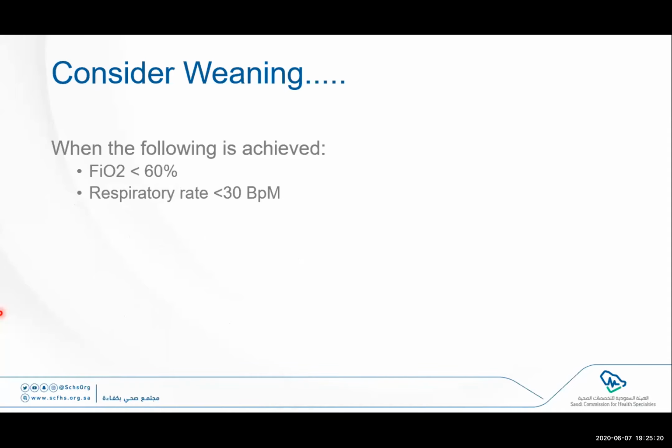Again, a respiratory rate less than 30 sometimes cannot be achieved with these patients because another factor can affect this. The patient might have some anxiety. The patient is very scared about what's going on. So I wouldn't wean that quickly. I will wait some time, especially if my saturation is going up more than 92, I will be very happy.